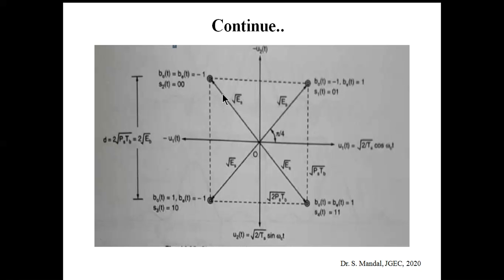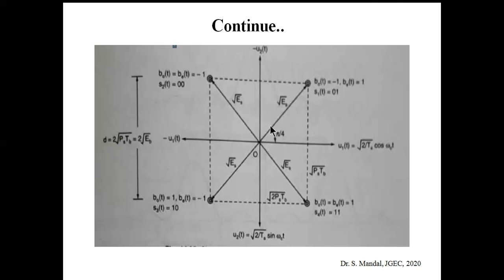Here both are negative, you can see that u1 is negative, u2 negative. And here u1 is negative but u2 is positive. So here one bit is 1 and the other is minus 1. So obviously this is corresponding to 1 0, this is corresponding to 1 1, this is corresponding to 0 1, and this is corresponding to 0 0.